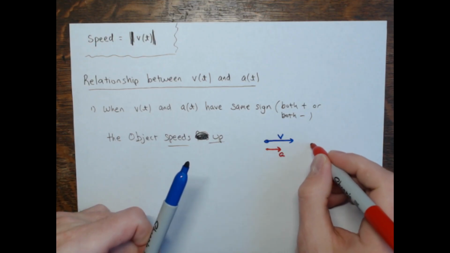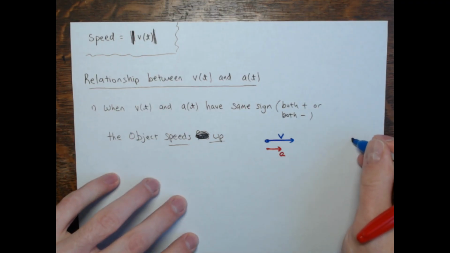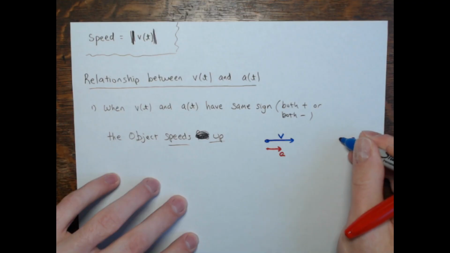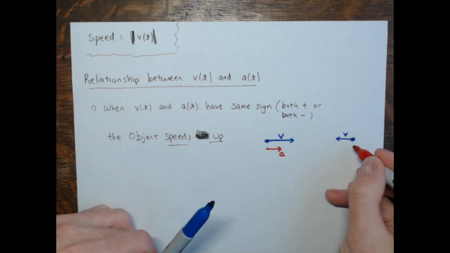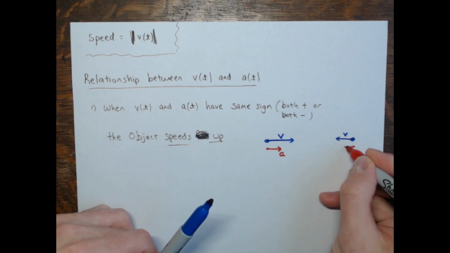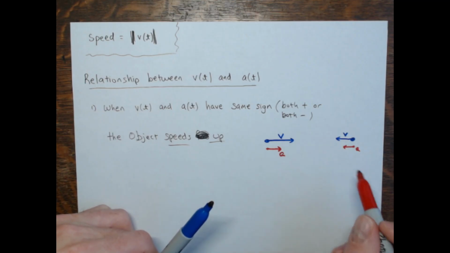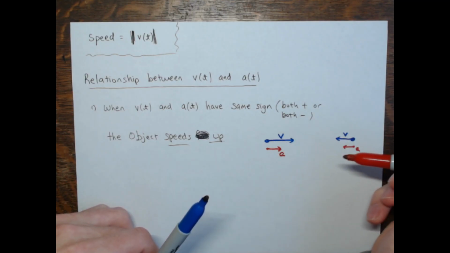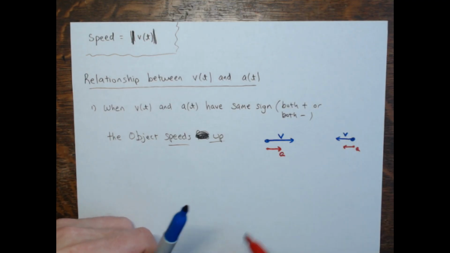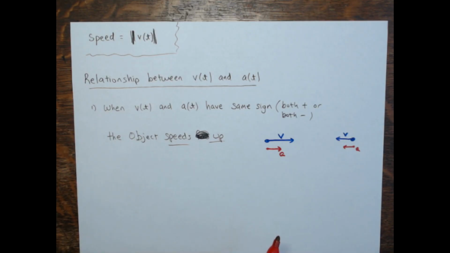So the object will go faster in that direction. Same thing if they're both negative. If my velocity is negative, that means the object's moving left. And if the acceleration's negative, that means the pull or the push is also going left. So the object's moving to the left and it's getting pushed that way too. So that makes it even faster. It's like going with the wind or with the water, when you're rowing or something.